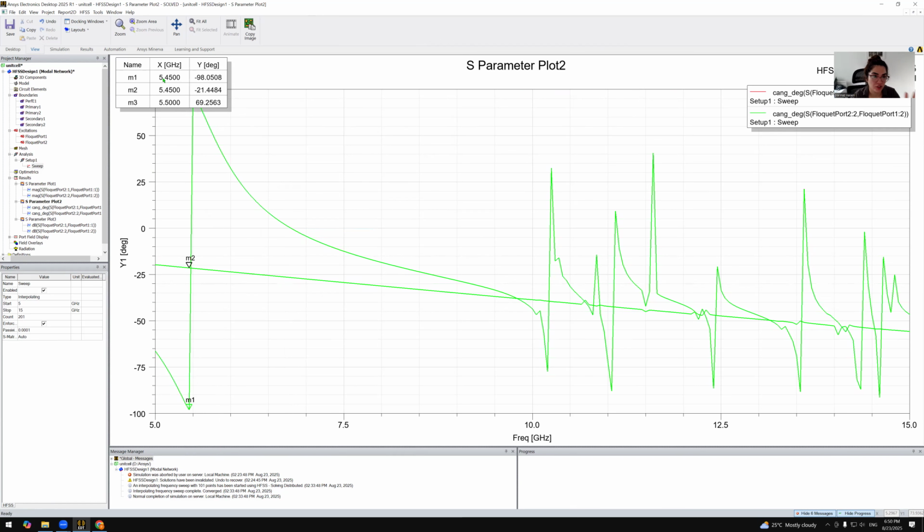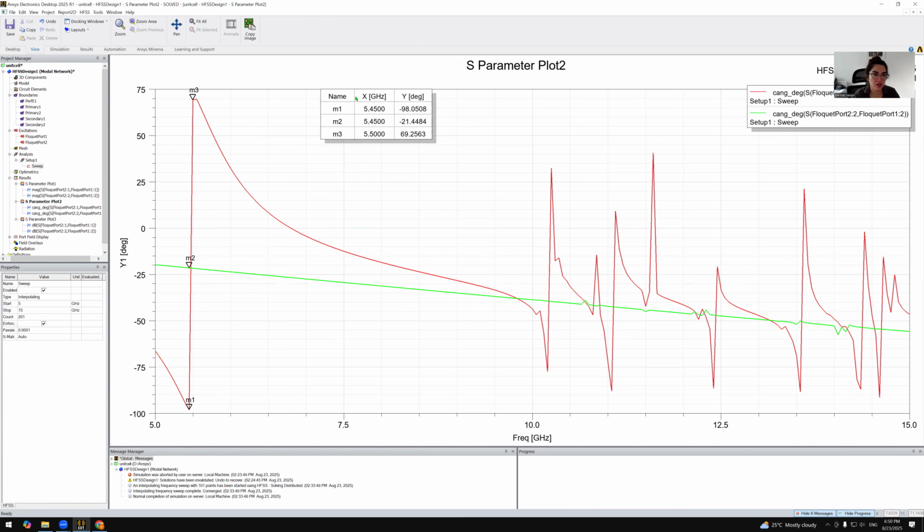But imagine, right at 5.5, let's say, if the magnitudes were the same and the phases were about 90 different, like here, if you add these two, you're going to get exactly 90, M3 and M2, you see?